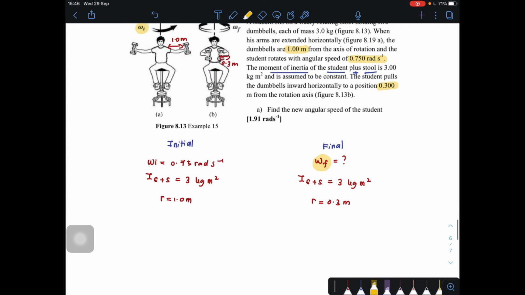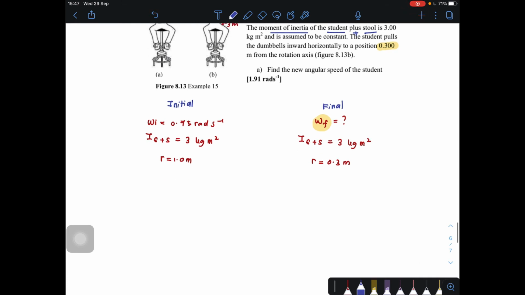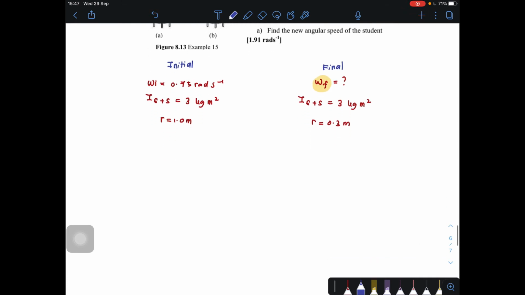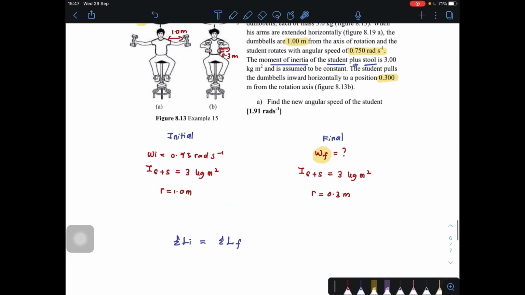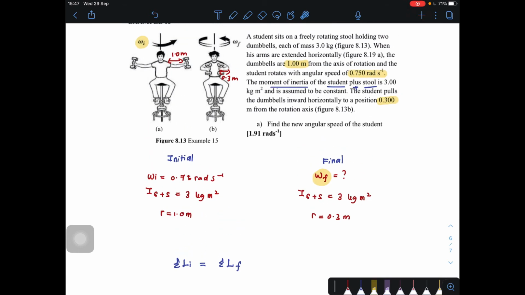Okay, so we will first write the formula for conservation of angular momentum, which is the sum of angular momentum initial equals angular momentum final. So initial we have. Okay, let's see what rotates here. The student, the stool and also the dumbbell. So there are 3 that rotate.